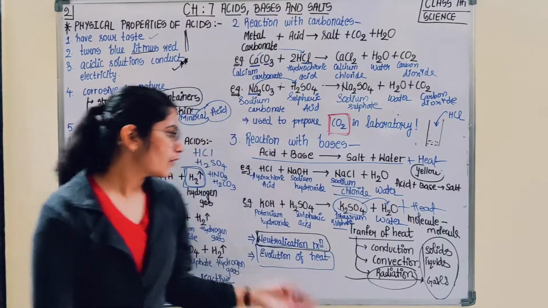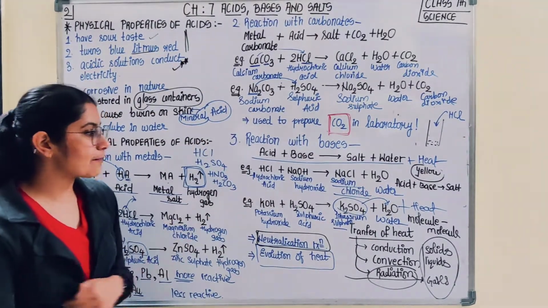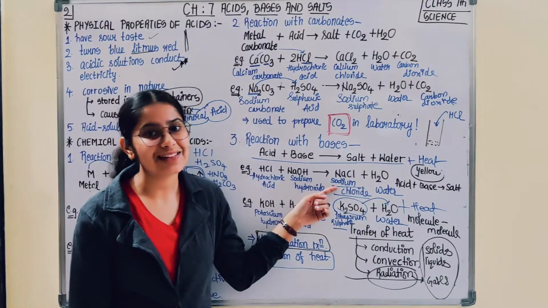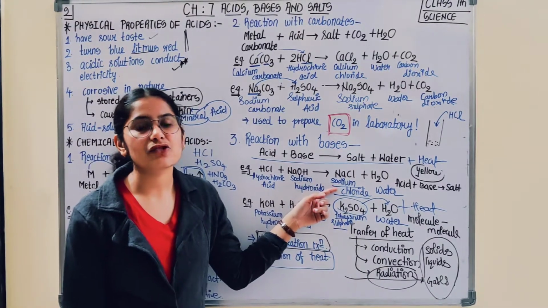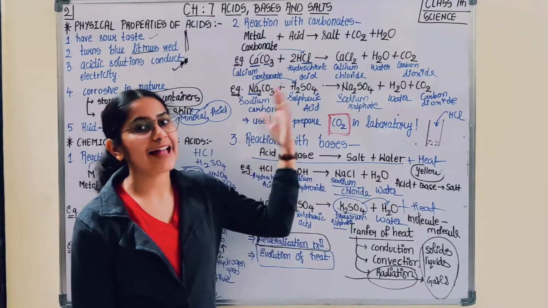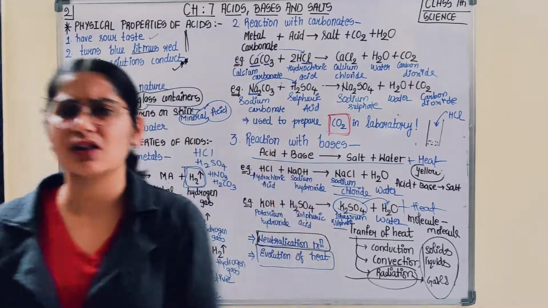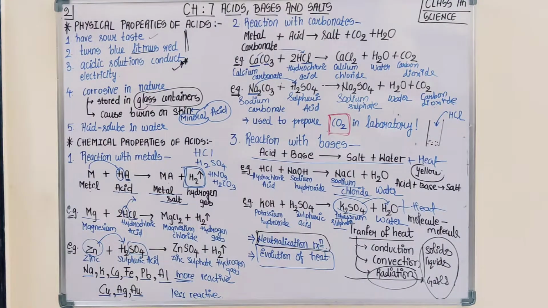Okay, so we looked into a few examples, and we also understood that sodium chloride is not the only salt. There are different salts like potassium chloride, calcium chloride, potassium sulfate, sodium sulfate, etc. Many salts are there, naming of which we would be studying in the upcoming topics.